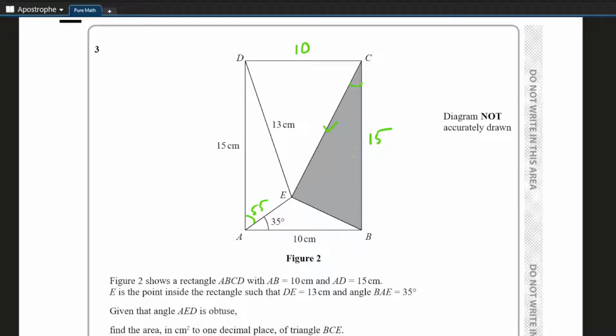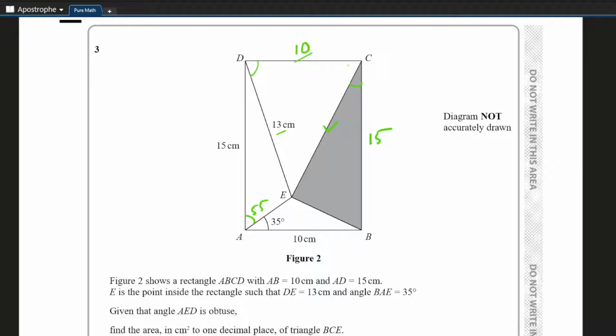First I'm going to try to find this side. For triangle CDE we already have two sides. We have to find another side. If we have any angle, we can find the side CE.